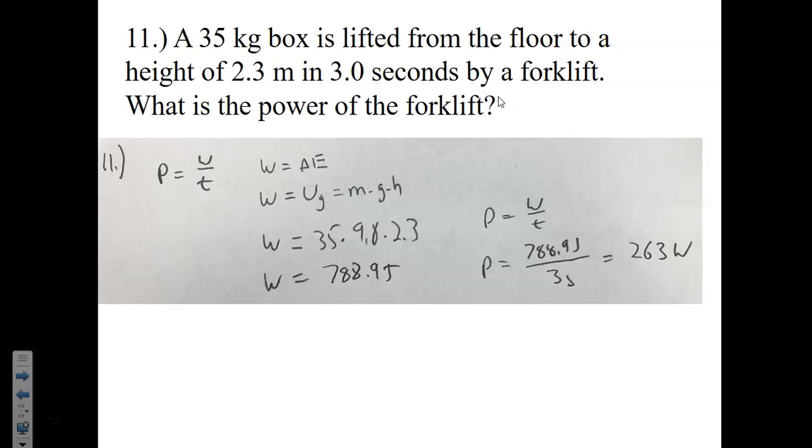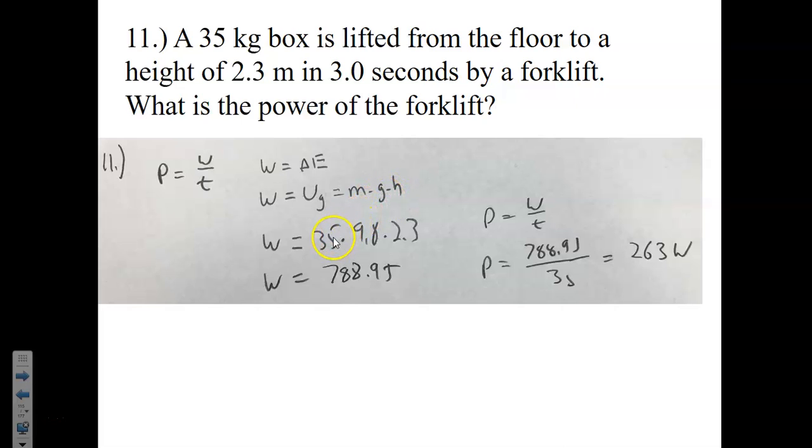Okay, so a 35 kilogram box is lifted from the floor to a height of 2.3 meters in 3.0 seconds by a forklift. What is the power of the forklift? Well, power equals work divided by time, and work equals the change in energy. And the type of energy that's being changed here is gravitational potential energy, which is m times g times h.